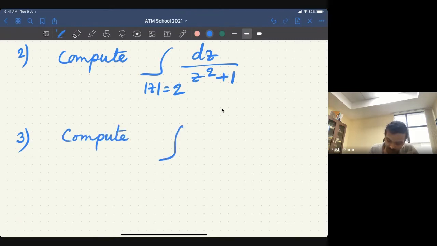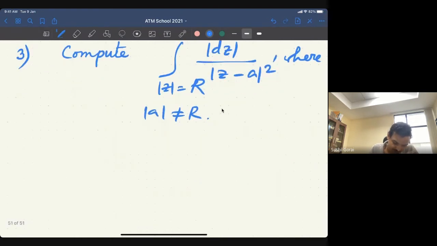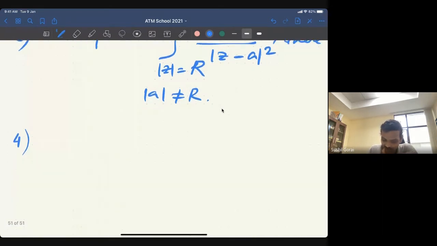Exercise 3, compute the following: mod z equal to r, mod dz by mod z minus a whole square, where mod a is not equal to r. All right, this is a little tricky. You try. Mod z square equal to z bar, this you need to consider.